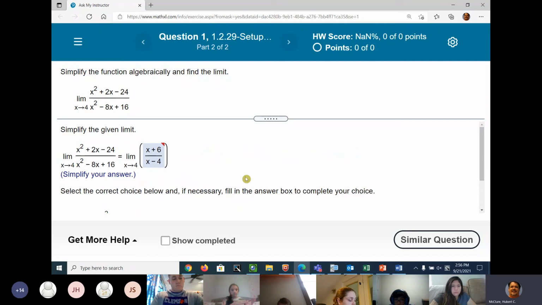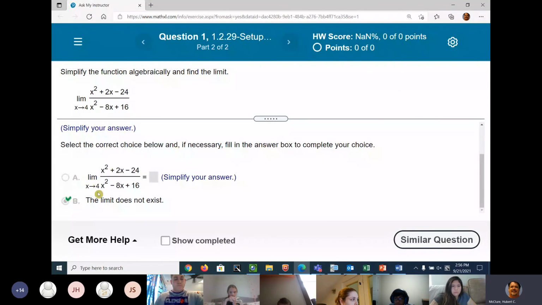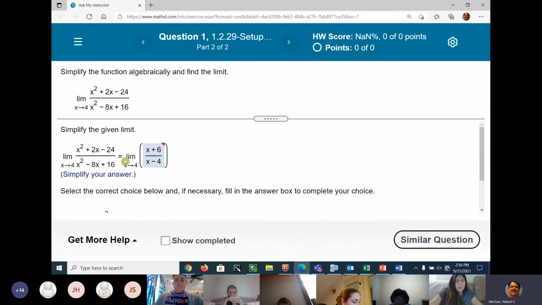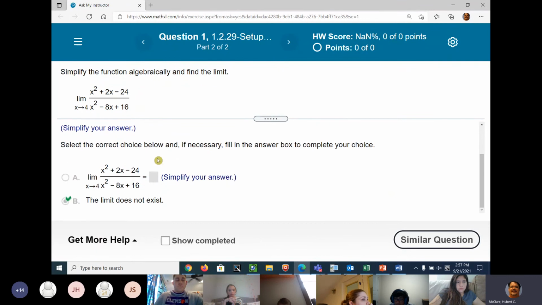I like that question if it gave you just this answer right here, either A or B. I don't like that because that confuses you. But they did rewrite it. They said limit as x approaches 4 of what? And that's why they put that in there. I didn't even realize that's what they were wanting.